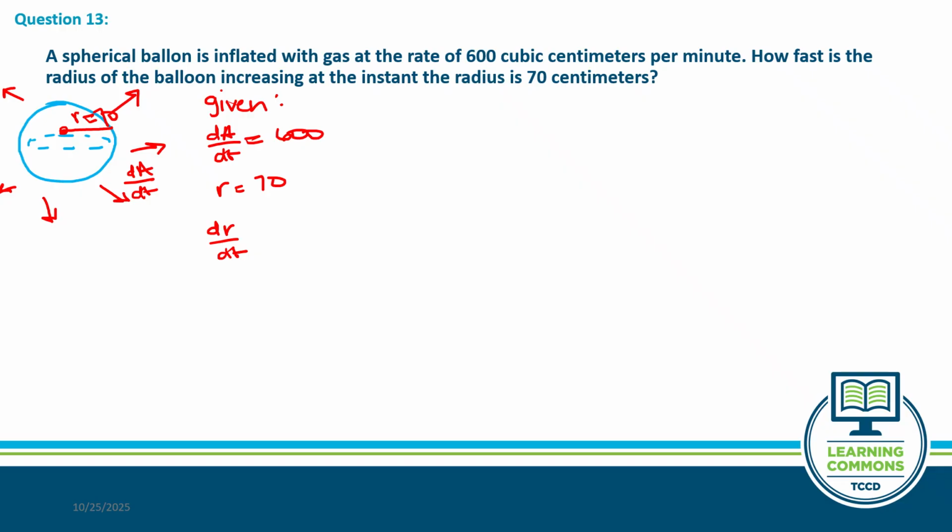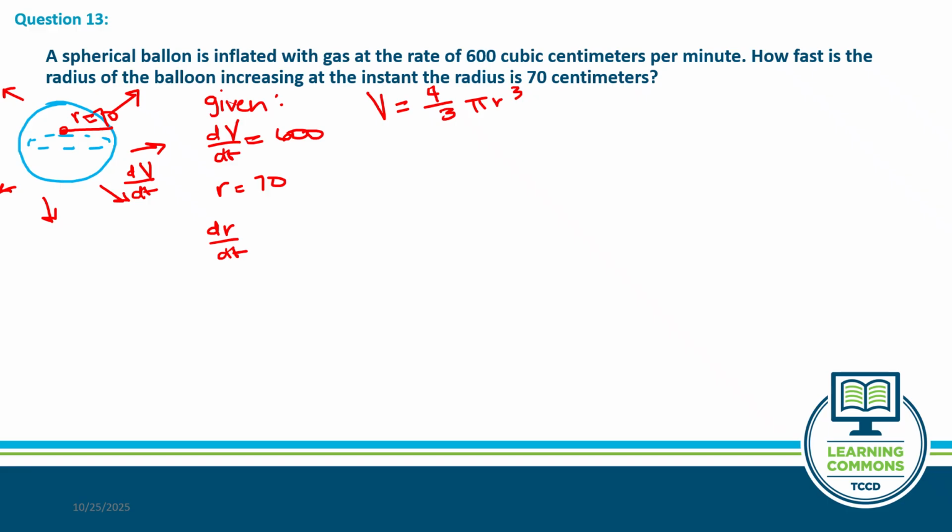Excuse me, it's not dA, it's dV over dt. When you're inflating something, when you're filling something up, it's volume. My bad, guys. And you also know the volume is 4 over 3 pi r cubed. Yes, cubed.